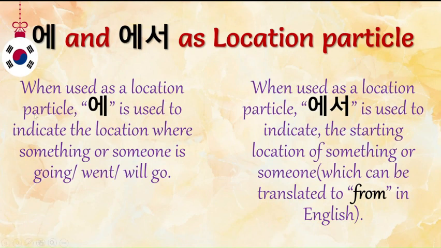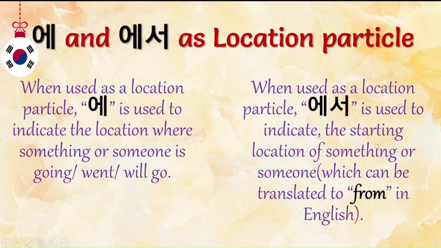So 에 indicates the location where something or someone is going, in general words. Now when 에서 is used as a location particle, it indicates the starting location of something or someone, which can be translated as "from" in English.